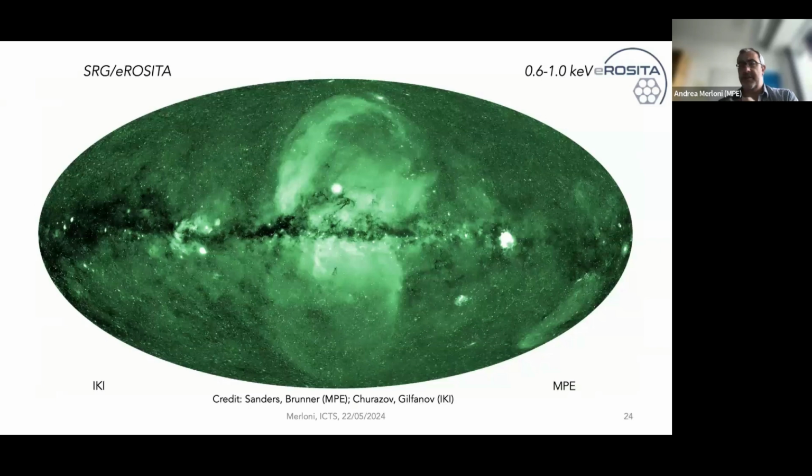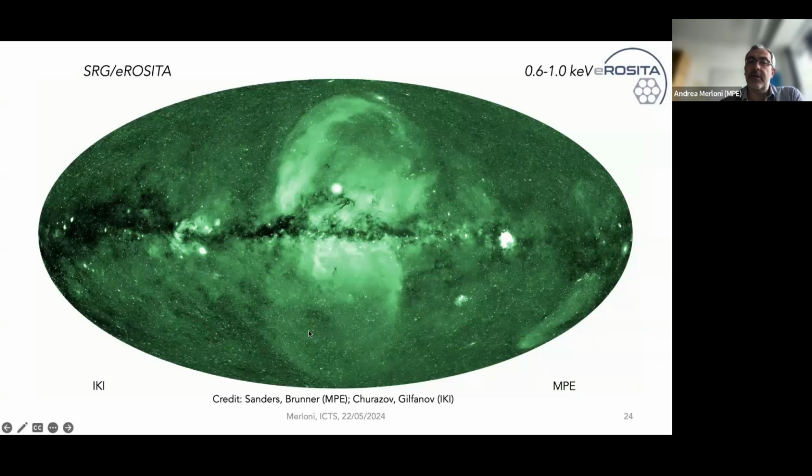I should finish in a few minutes, but let me mention the first major discovery of eROSITA when we combined the two halves of the first all-sky survey from the German and Russian teams in 2020. Looking at the image in the energy range between 0.6 and 1 keV, we noticed in the southern hemisphere a bubble-like feature that mirrors the North Polar Spur, which I'm tracing here with my cursor. It was a well-known structure found by ROSAT, whose location was always controversial, either a galactic center feature or a local supernova.